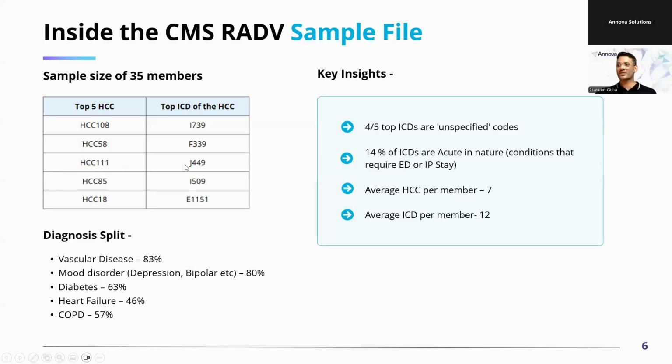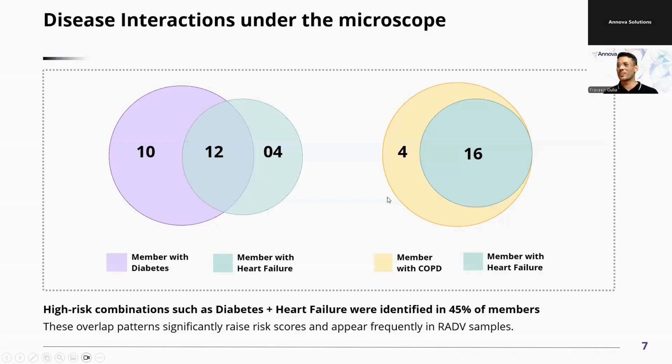As you can see, diabetes with PVD, 1151, that is diabetes with peripheral vascular disease, is one of the most common conditions being audited. So the disease interaction factor is where the heart failure in this sample makes sense. Now, 46%, that is 16 people out of this list, are suffering from congestive heart failure.